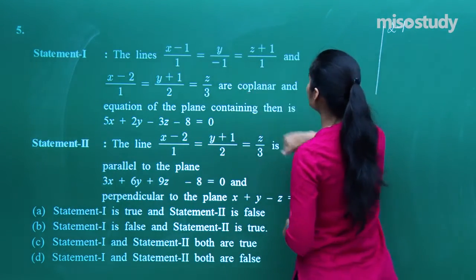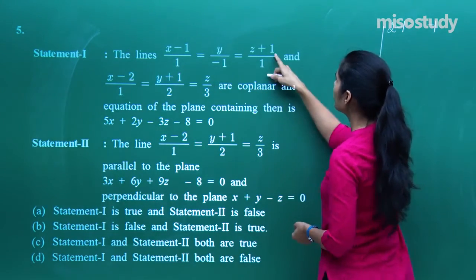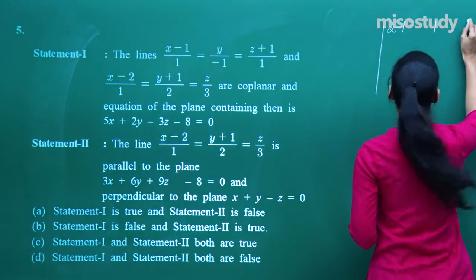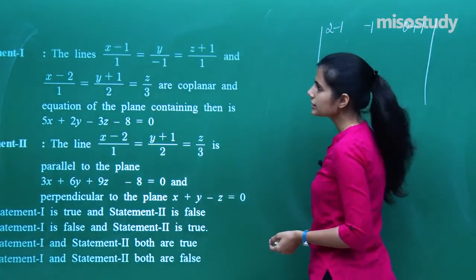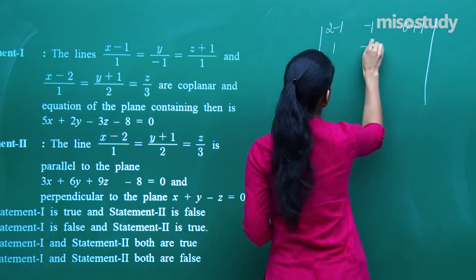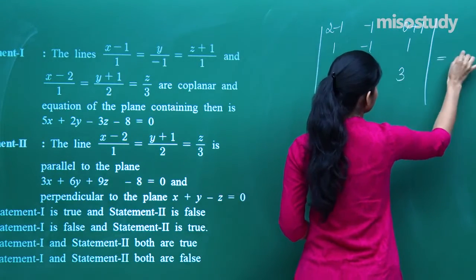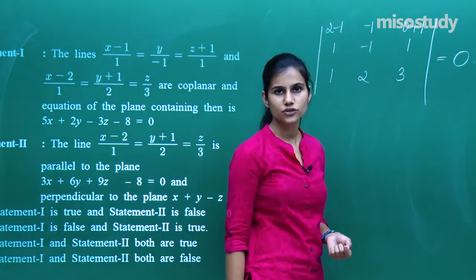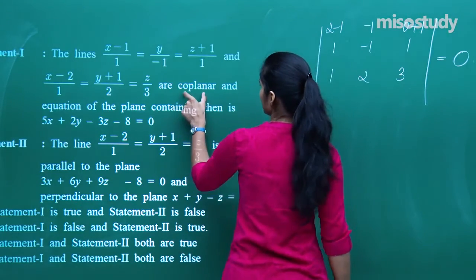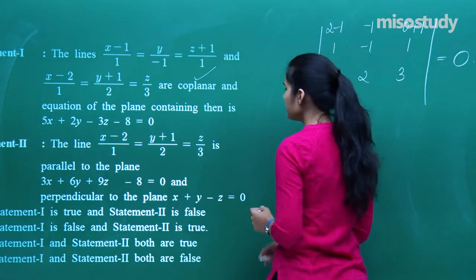Minus 1 minus 0, and then you have 0 minus minus 1, right? Upon 1 minus 1, 1, and then you have 1, 2, 3. When you find out this determinant, you eventually get it to be equal to 0, which proves that these two lines are actually coplanar. So one step is done, that yes, they are coplanar for sure, and the equation of the plane containing them is this.